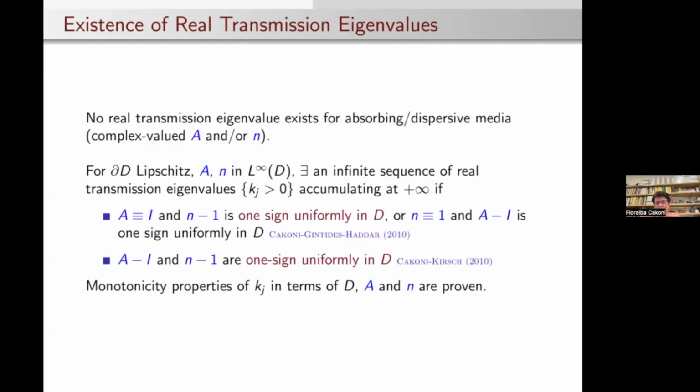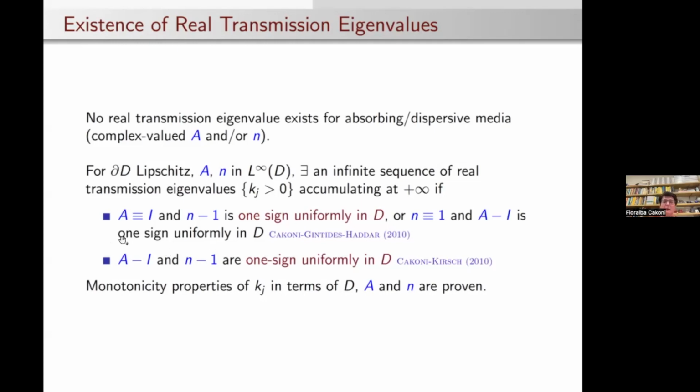It just says that if you have all eigenvalues, then the generalized eigenfunctions form a complete set. But for non-scattering and for using them in the inverse problem, one is interested in real transmission eigenvalues, because transmission eigenvalues are related to frequency, and hence the frequency is real.